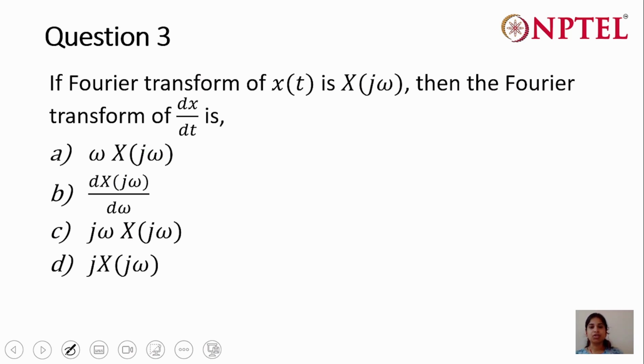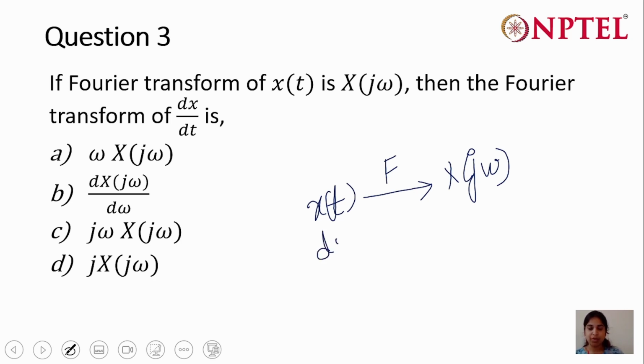If the Fourier transform of x of t is capital X of j omega, then what is the Fourier transform of dx by dt? So you have x of t, the Fourier transform is capital X of j omega. Okay. Now you've differentiated x of t, dx of t by dt.